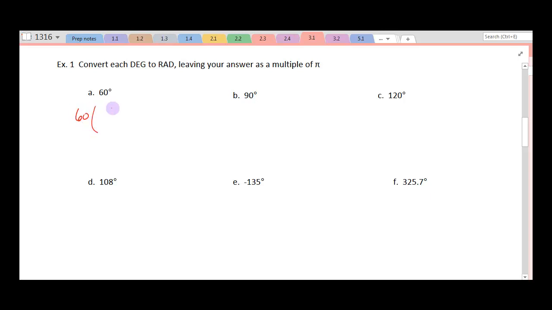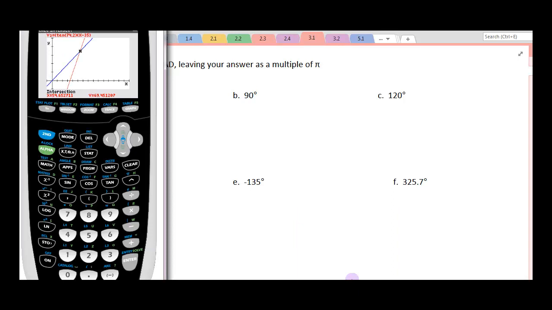If I convert from degrees to radians, I am going to multiply my degree value by pi over 180. So really this is the fraction 60 pi over 180. Now I need to reduce that fraction, and although I can do that in my head, let me show you how to do it really fast on the calculator.